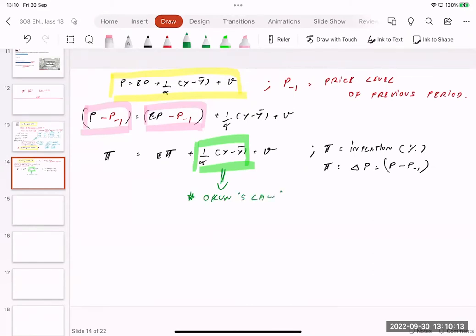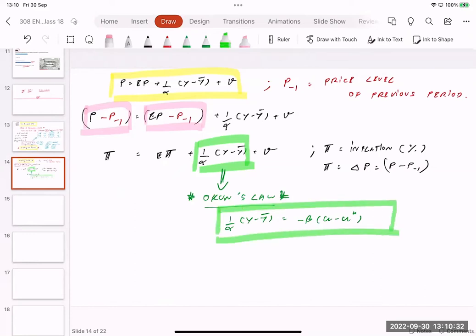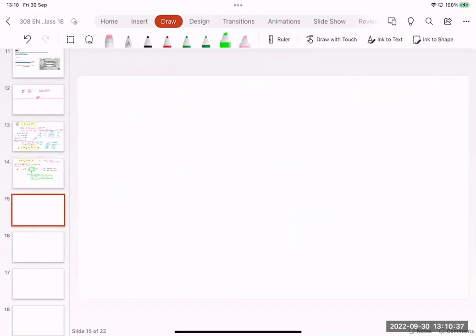The concept of Okun's law has its own equation, which is 1 over alpha, Y minus Y bar, equal to minus beta, u minus un. The question is, what is the meaning of this equation? So we're going to go into the next slide to explain Okun's law.